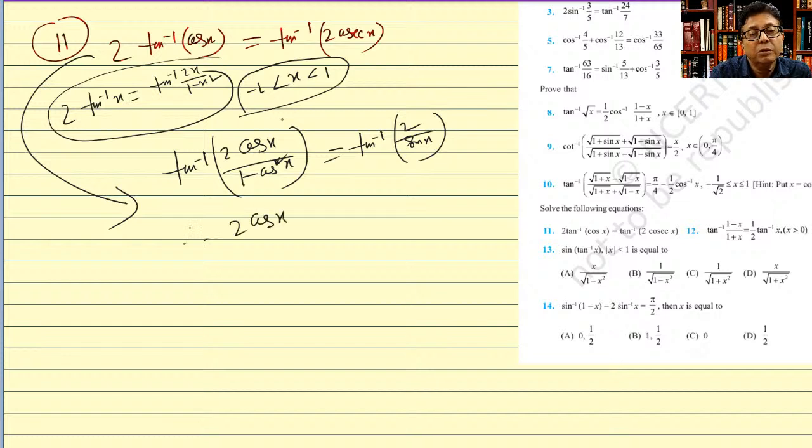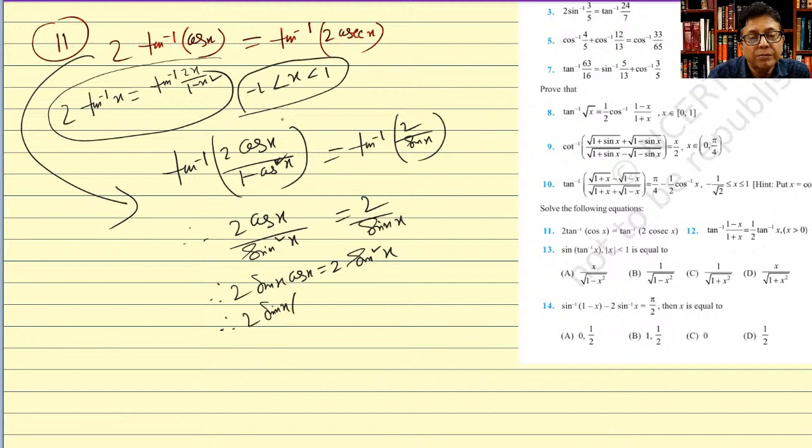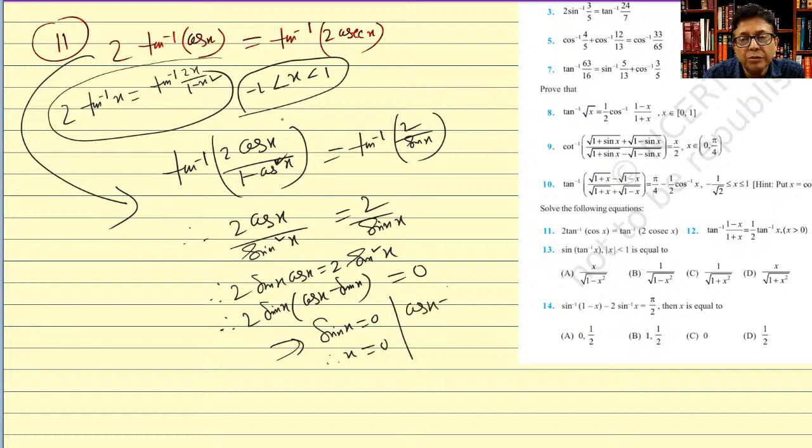Therefore, 2 sin square x, okay. Sin x 0 means x equal to 0.